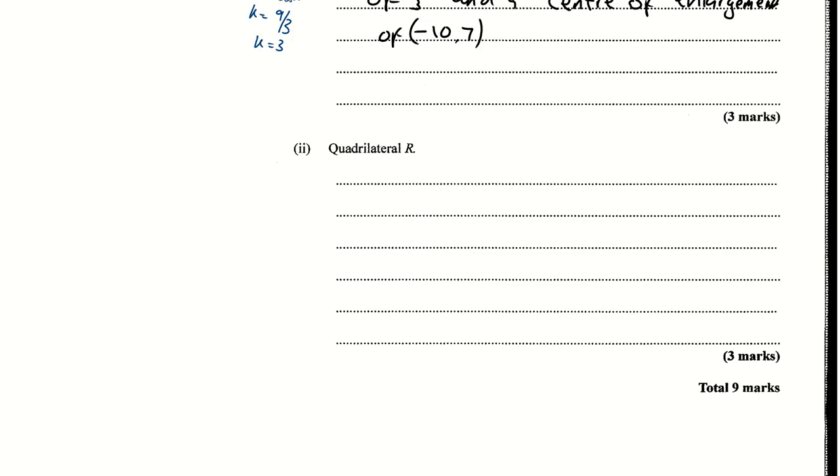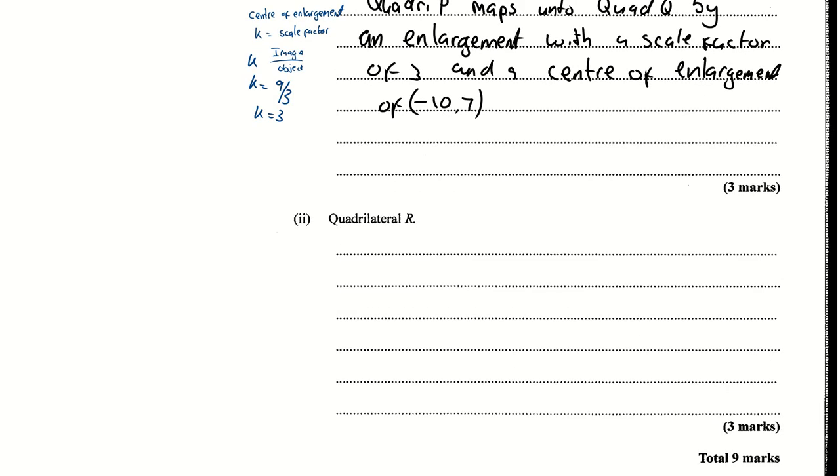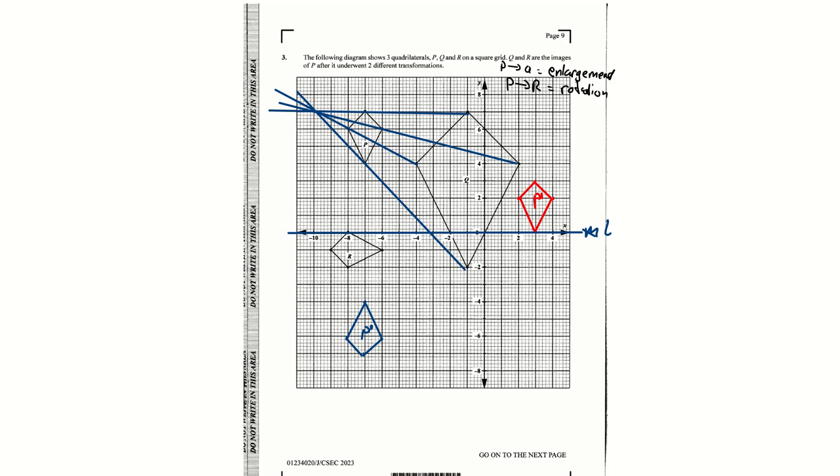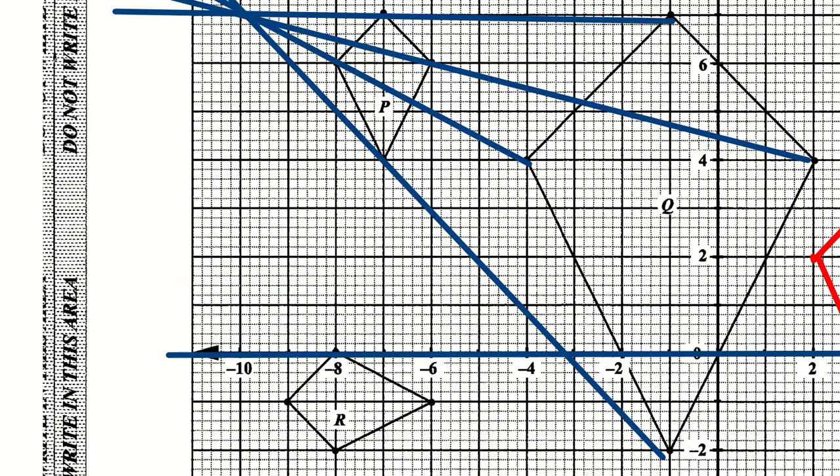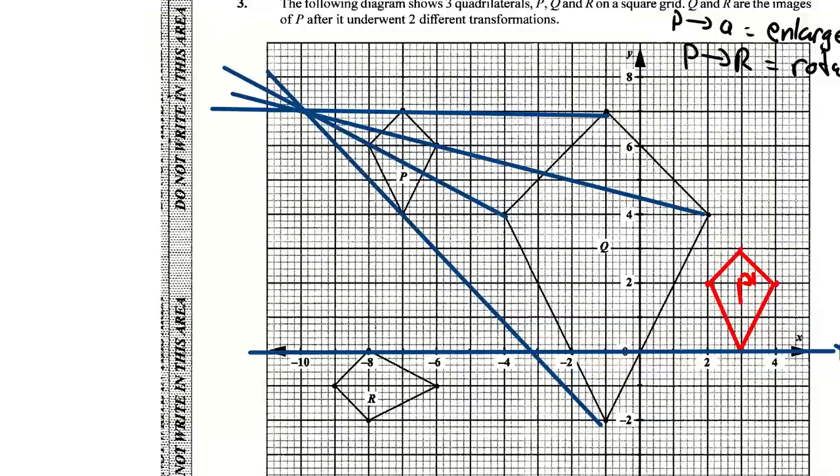Right? Then they want to know from object P to, okay, so this one, I should do this one first. This one here is a rotation. Now, to describe a rotation, there are a few things that you need to know, right?